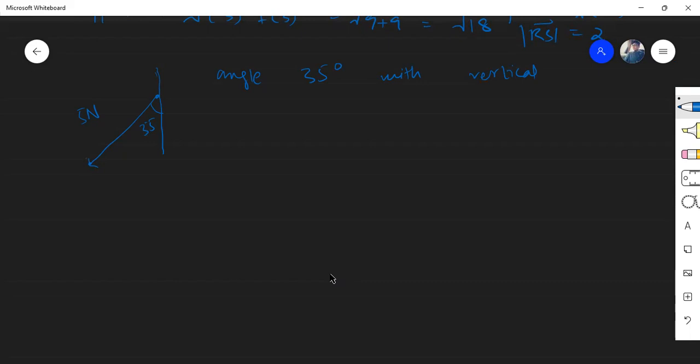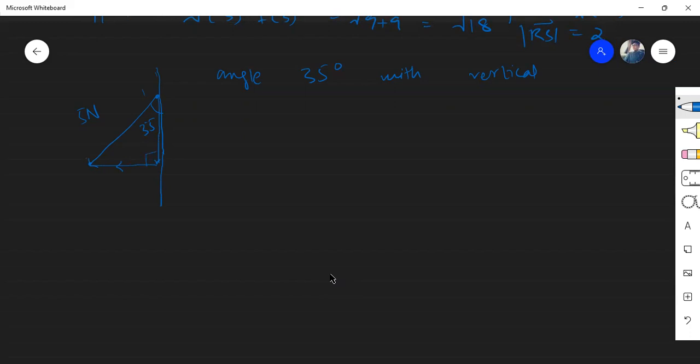What you're going to do is stick to the same thing and make a triangle, as we make obviously. So this is the vertical component and this is the horizontal component, and this is a right angle.